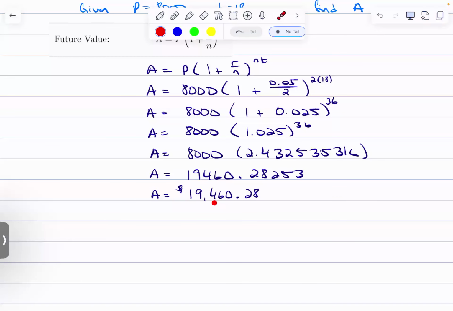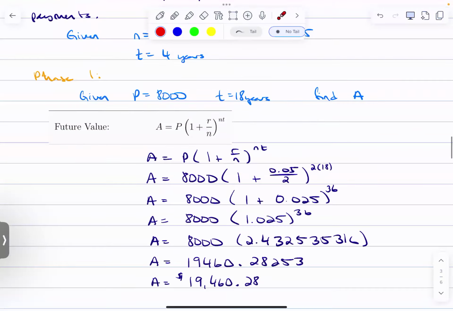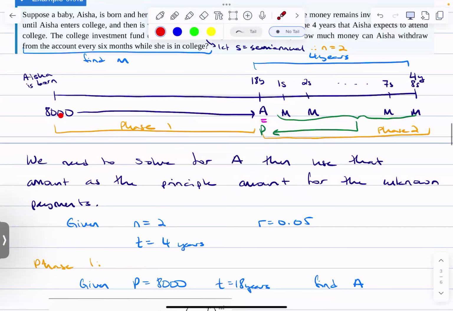So what this means is that this 8,000 over 18 years grew to $19,460.28. So now that's the principal amount that you have that will sustain these unknown payments that we're trying to solve for.